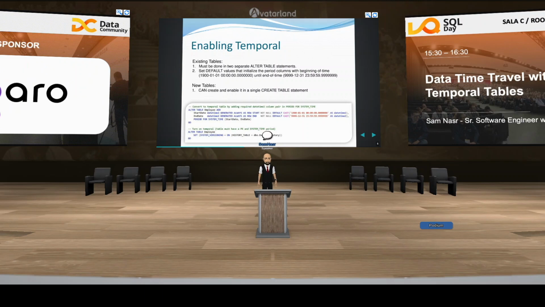So if I have an existing table, then in order to enable a temporal table on that existing table, I have to utilize the ALTER TABLE statement. And then I would set the default values that initialize the period columns with zeros. So if you look at the example in the bubble below, ALTER TABLE, where I'm going to alter the table employee, and I'm going to add the start date and the end date.